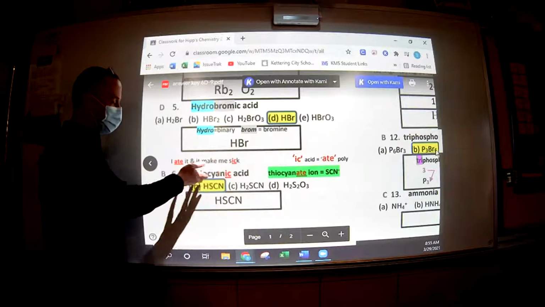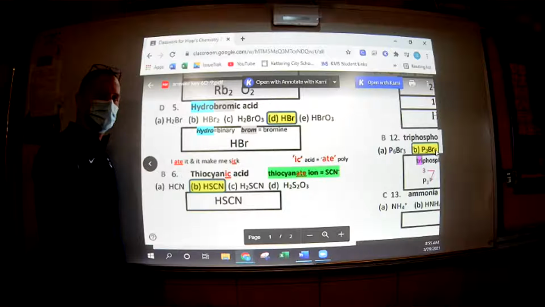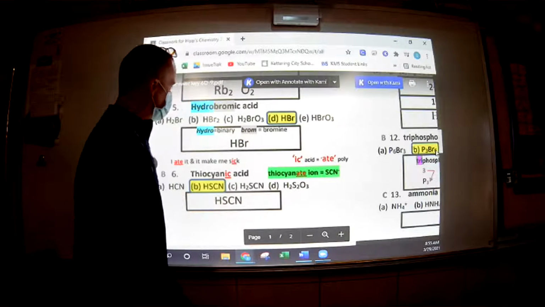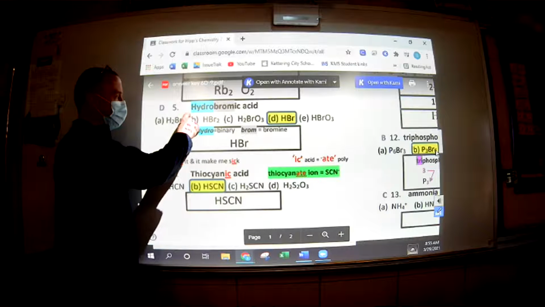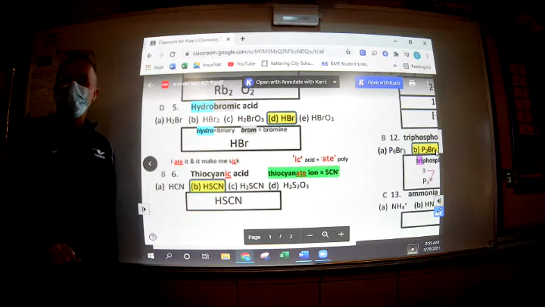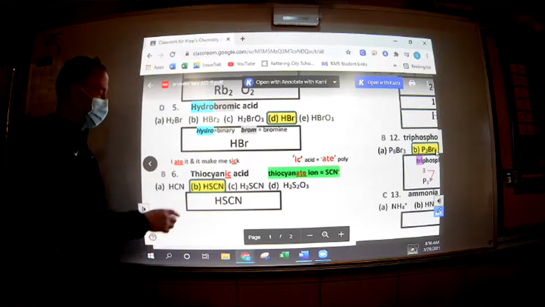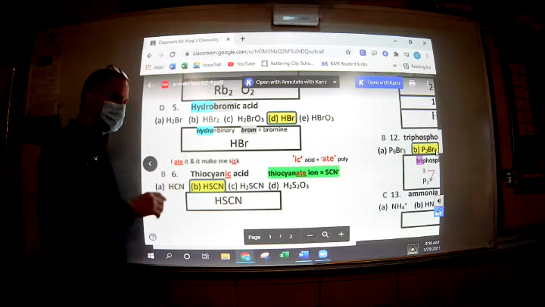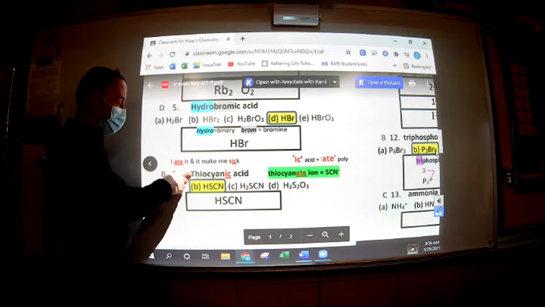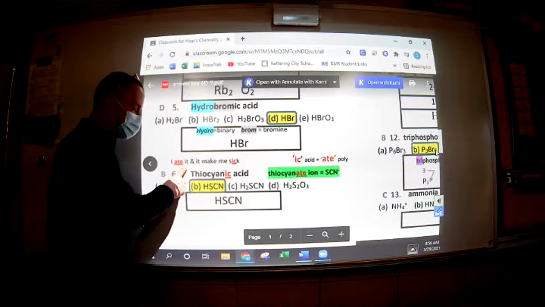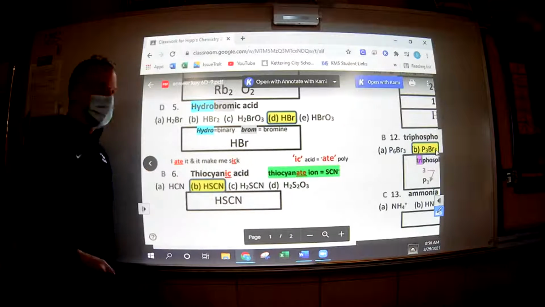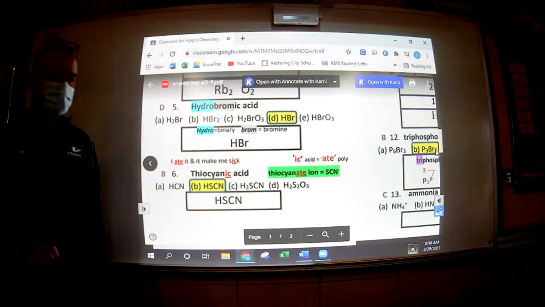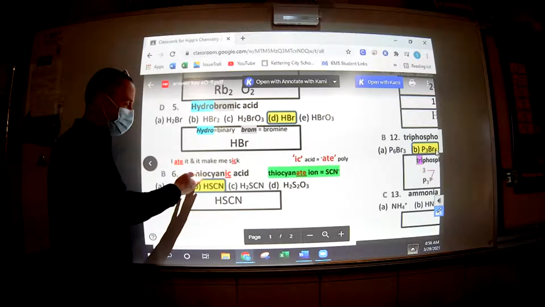What doesn't it begin with? A little trick that works almost every time. If the name begins with hydro, you know it's just binary. If the word hydro is not in front of it, and this works almost every time, it is a ternary acid, meaning that it's a polyatomic ion. So this one's going to have a polyatomic ion on it.